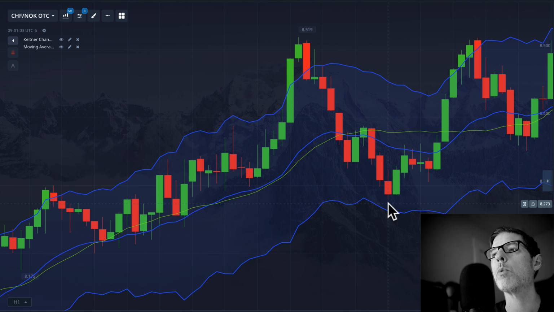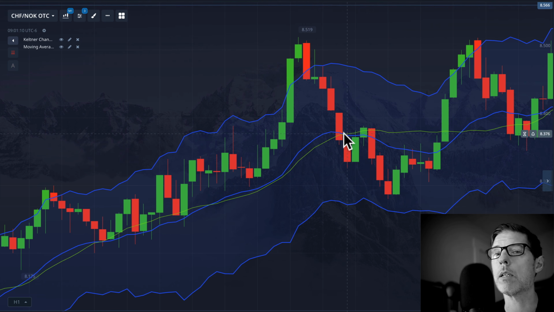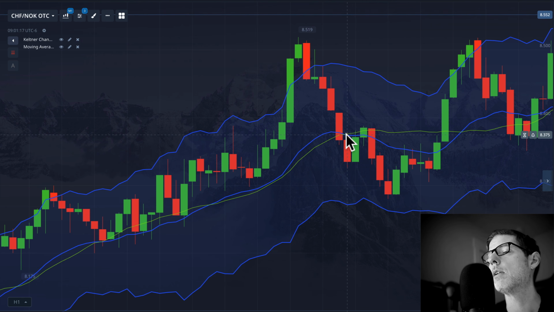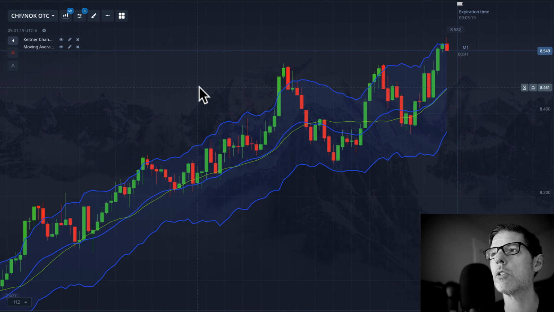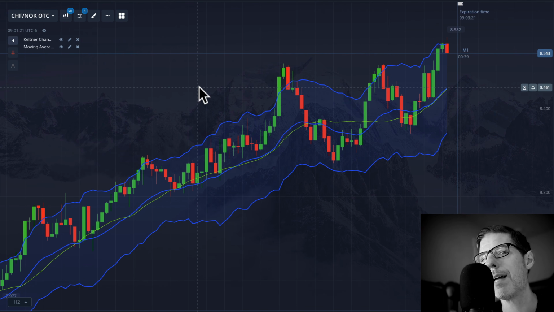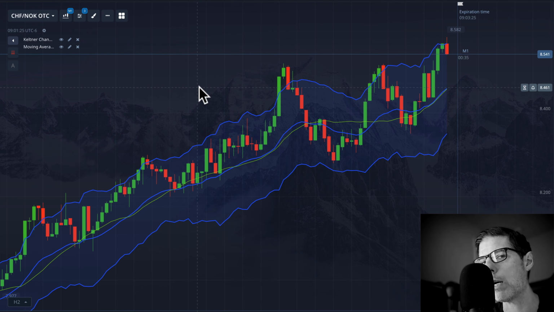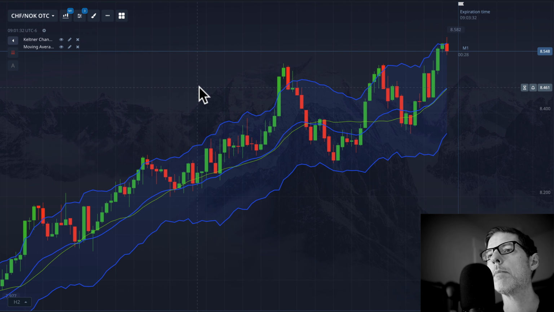And if we lose that one, then I will go ahead and switch the chart. Or I'll just switch the chart regardless. If I don't get the rejection off of the middle line on the Keltner, I'll still go ahead and switch the chart. So it really just depends how I feel at that time. Now, depending on if you want to use a 1-minute expiry or a 2-minute expiry, this is all depending on what the price action looks like.